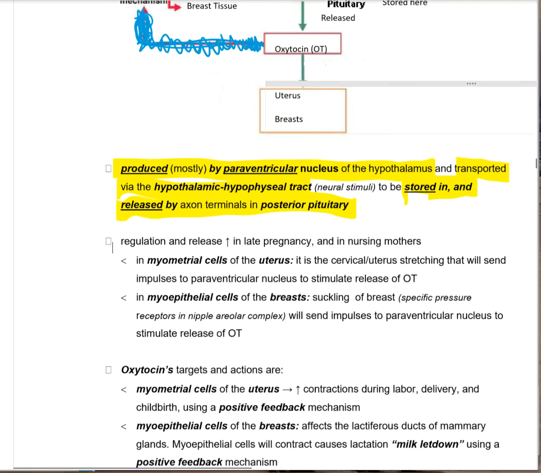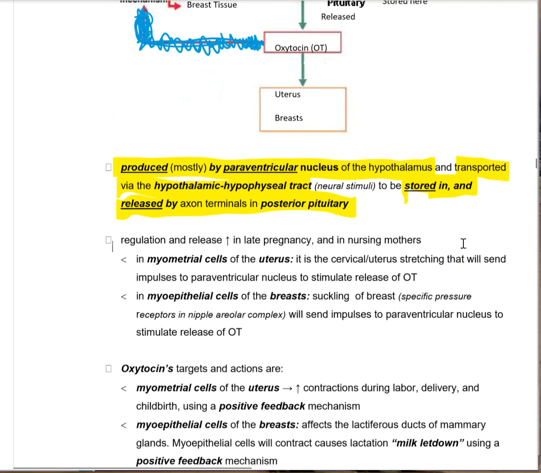Okay, so what's the stimulus that we want to talk about here? The neural stimuli, let's type in neural, because all the other ones have been hormonal stimuli, right? These are neural stimuli. The neural stimuli that we see are these two. We can have the cervix and the uterus stretch, and that sends the impulses to the paraventricular nucleus to release oxytocin.